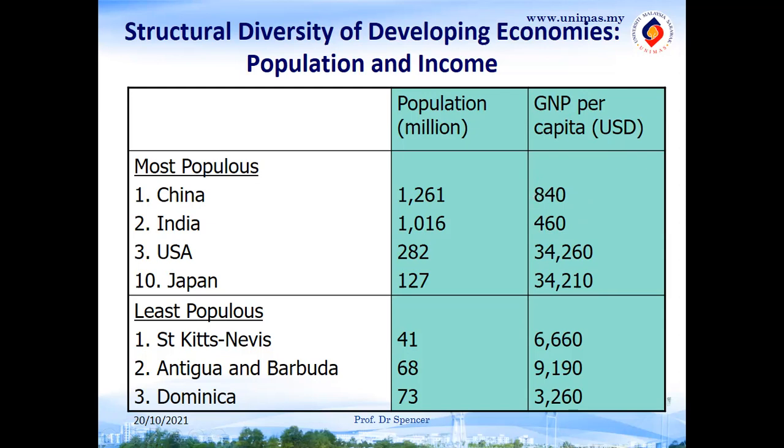So even though the economy is big, but when you divide by the total number of persons living in China, therefore the average per person is quite low. Kalau dibandingkan dengan Japan, dengan US, ya, US lebih lah, tapi in terms of per capita dia sangat-sangat besar, sama juga Jepun.